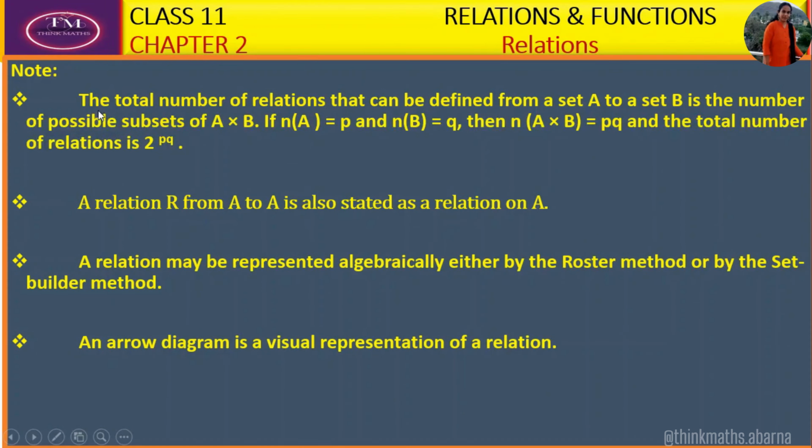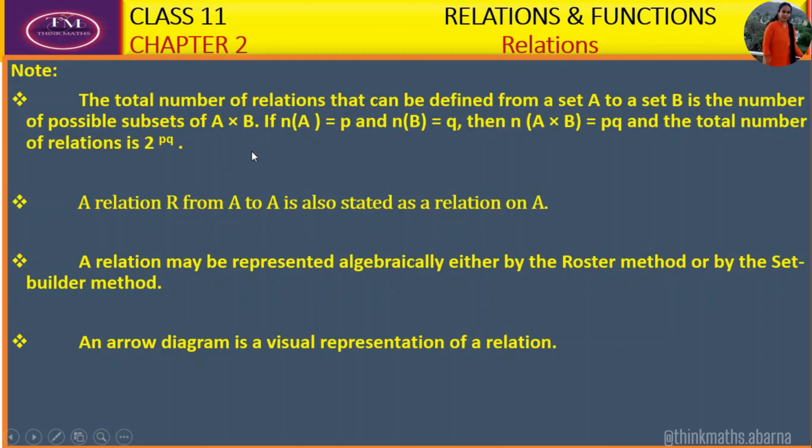First one, the total number of relations that can be defined from a set A to a set B is the number of possible subsets of A cross B. So how many relations can you form with the set A and set B?